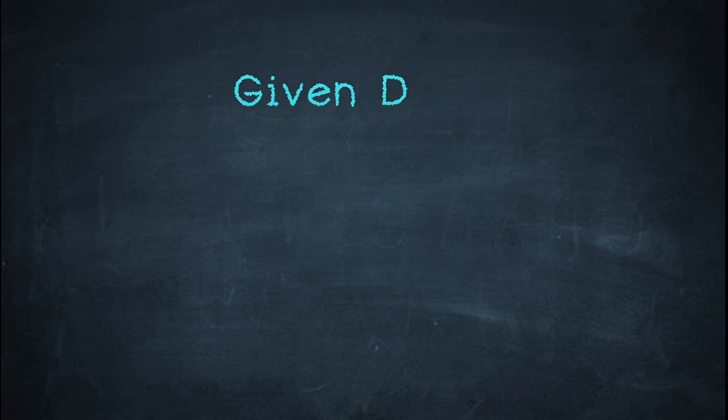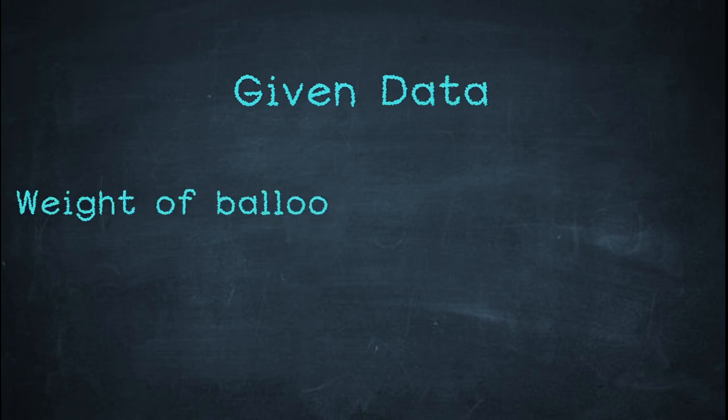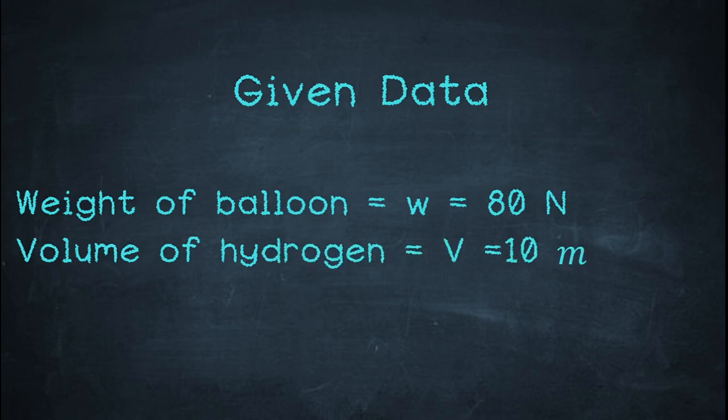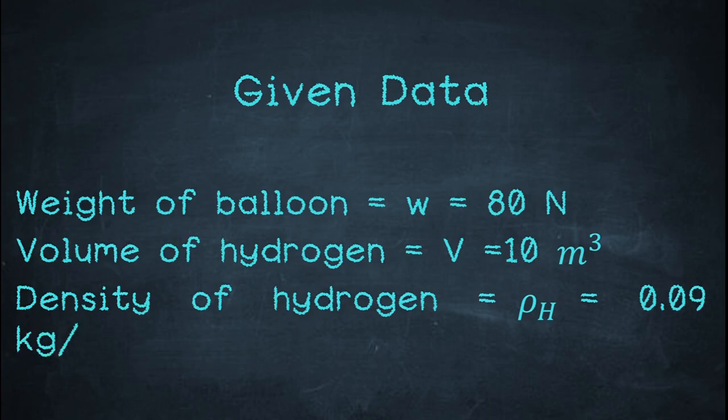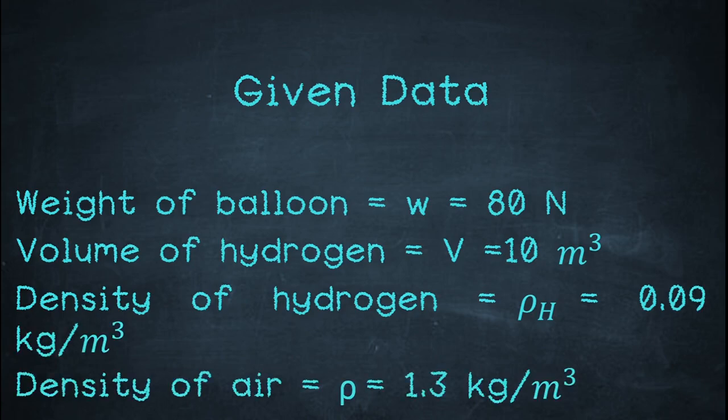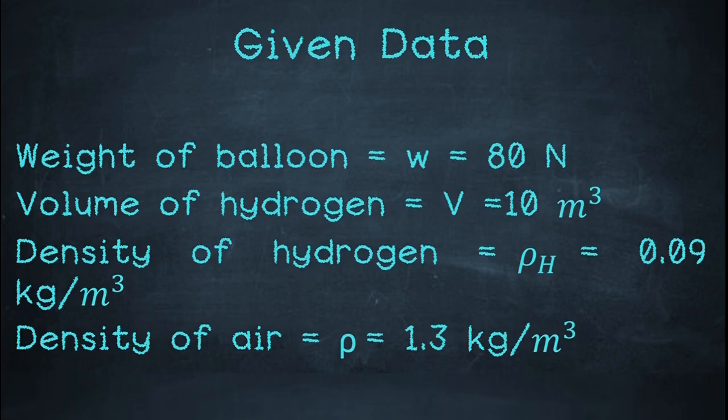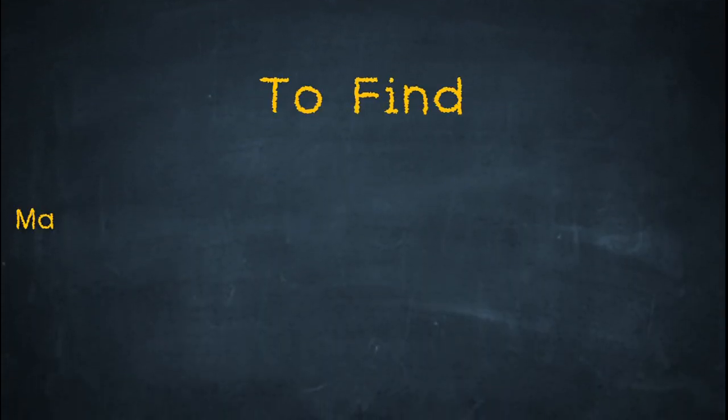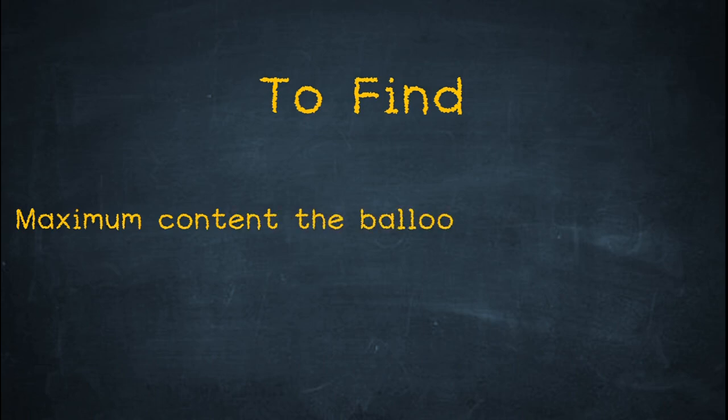So the given data is weight of the balloon, which is represented by W, is equal to 80 Newton. Volume of hydrogen is 10 meter cube. Density of hydrogen is equal to 0.09 kilogram per meter cube, and density of air is 1.3 kilogram per meter cube. We have to find maximum content the balloon can lift.